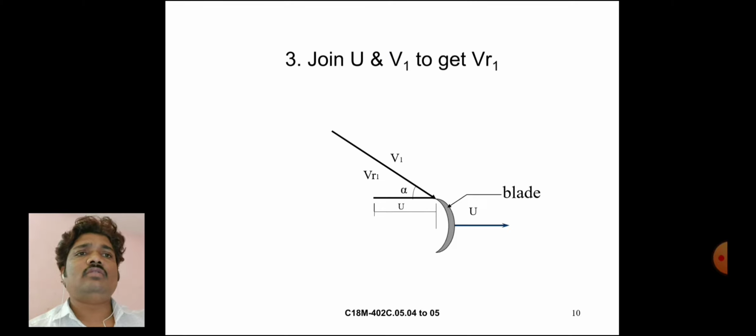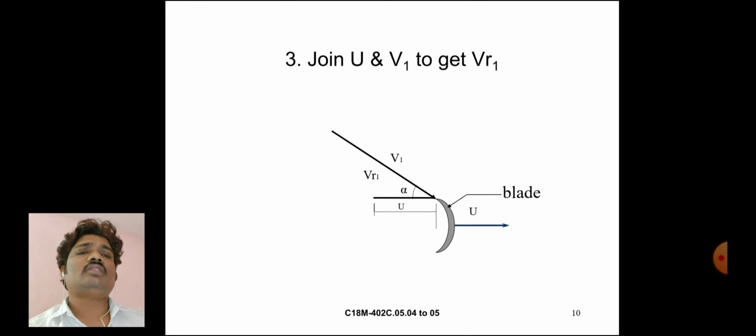Join u and V1 to get VR1. V1 is the steam inlet velocity, VR1 is the steam inlet relative velocity. This angle is alpha, u is the blade velocity.